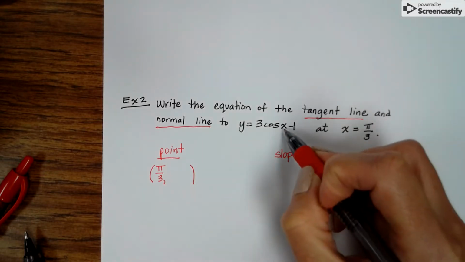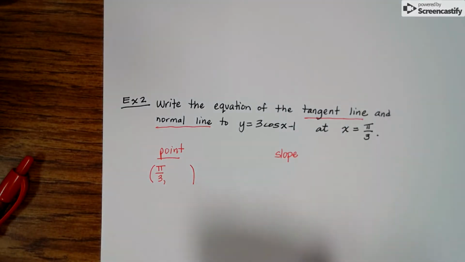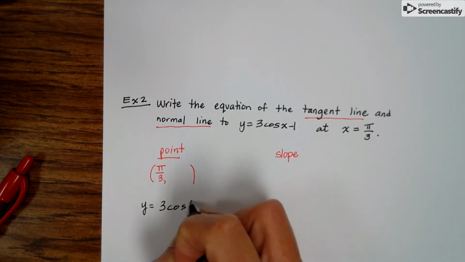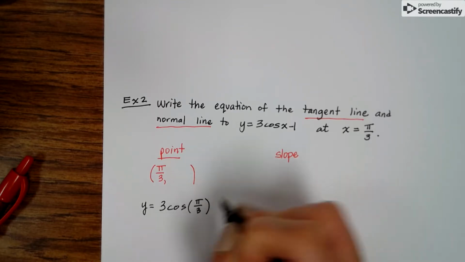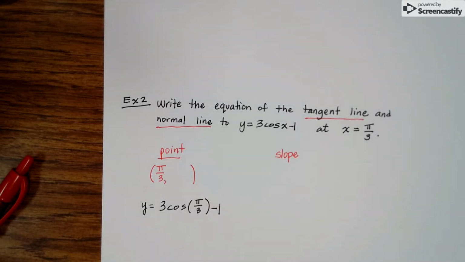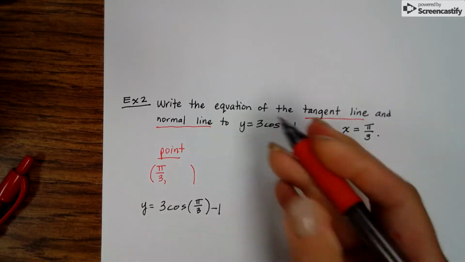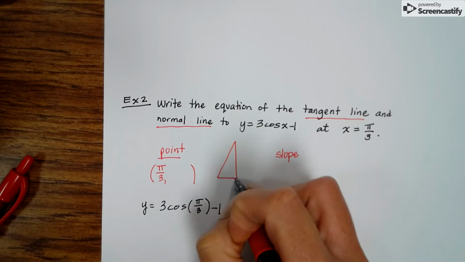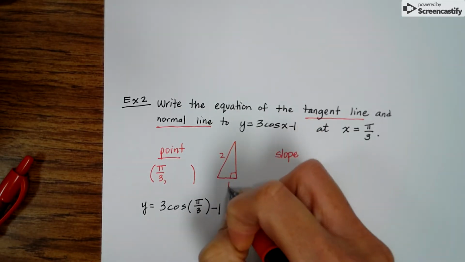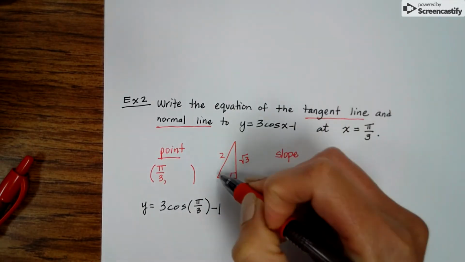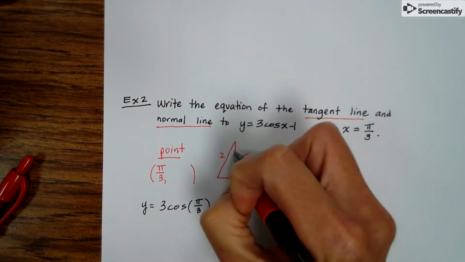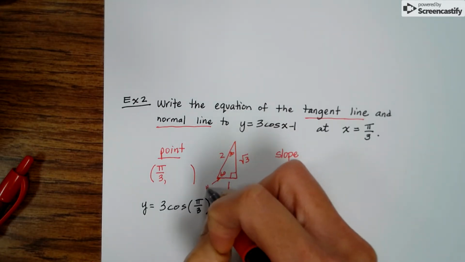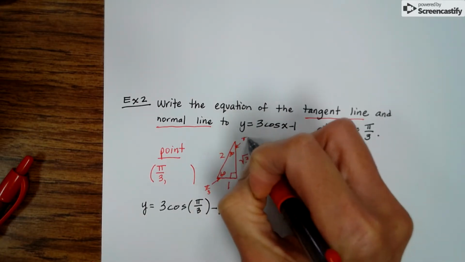In order to find the y value, I need to take this pi over 3 and plug it in right here. So y equals 3 cosine of pi over 3 minus 1. For the cosine of pi over 3, I'm just going to go to my triangle just to show where I get this number from. Hypotenuse is 2. This is the 30-degree angle, this is the 60-degree angle.